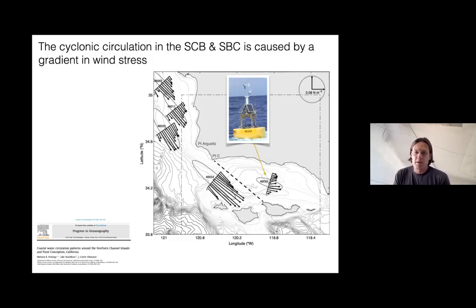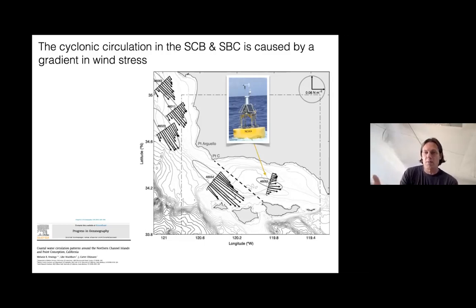If we just compare the two buoys that are in the channel, 46054 on the west edge of the channel, and the mid-channel buoy, 46053, the difference in the size of these arrows shows that there are really strong wind stresses on the outside of the western edge of the channel and weaker wind stresses on the inside of the channel.